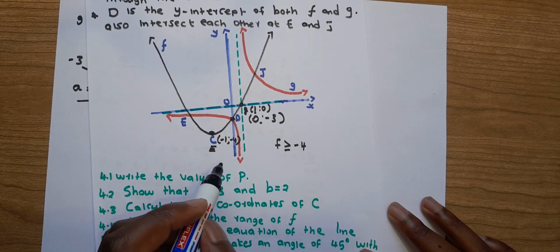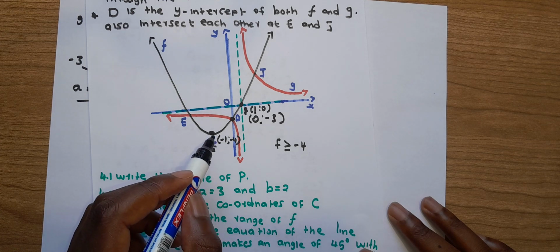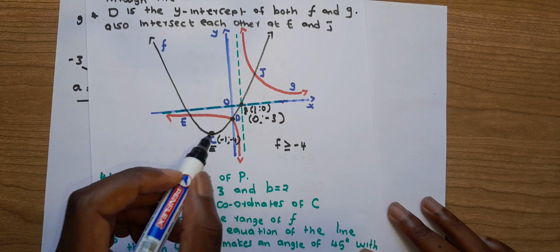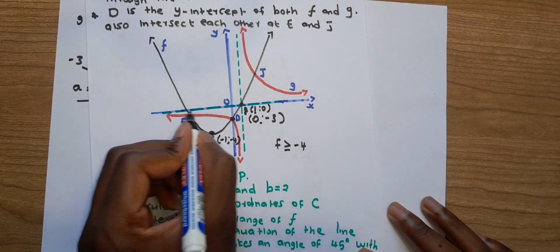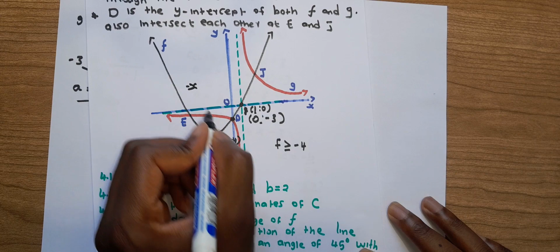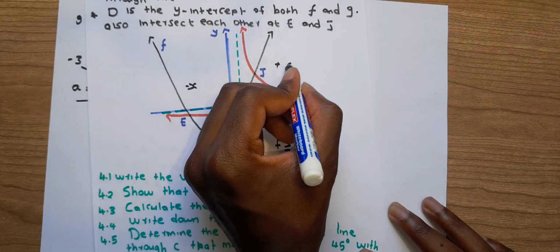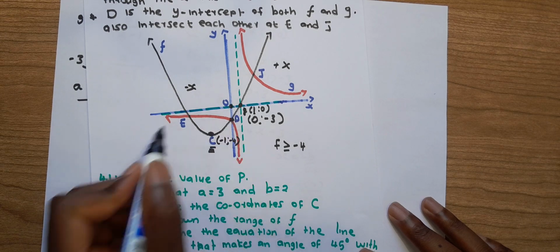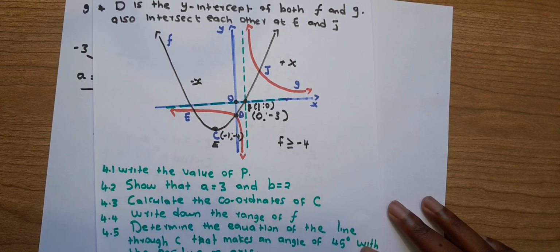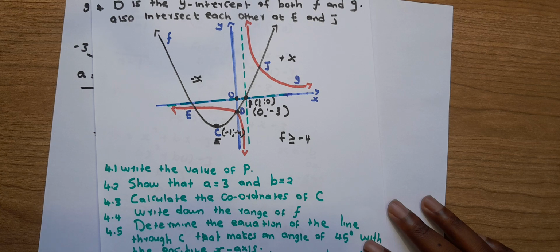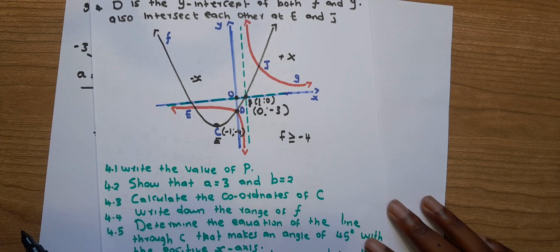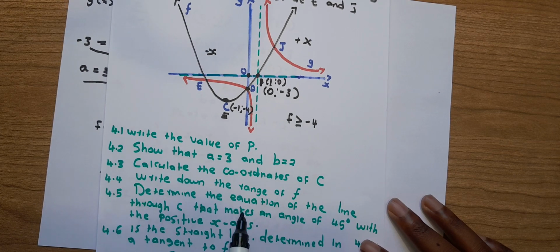So this side is the negative x-axis, this side is the positive x-axis. So it means that this line is not passing here at 0, because 0 is neutral. It is not negative and it is not positive. But they did specify that it is making an angle of 45 degrees with the positive x-axis.